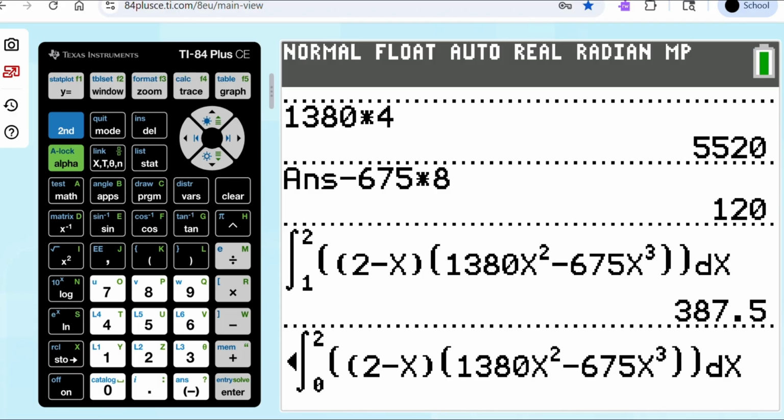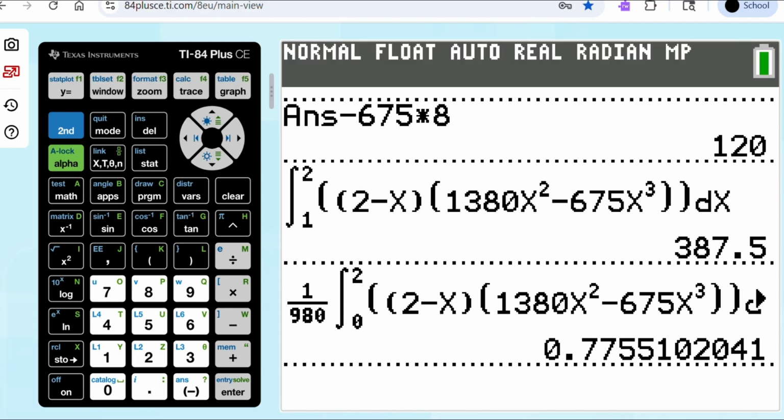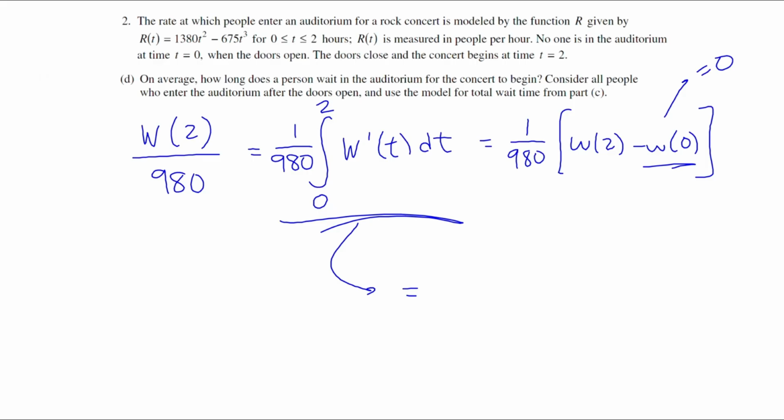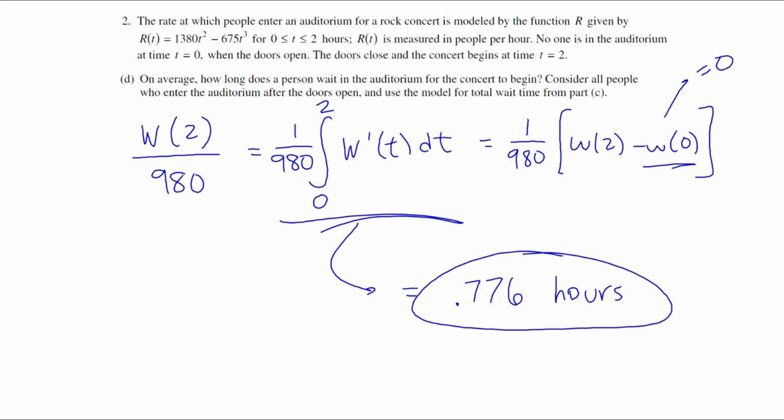Put your dx there, and it looks like we get 0.776 hours if we round. So the average person waited 0.776 hours, about 3/4 of an hour, a little over 45 minutes there.